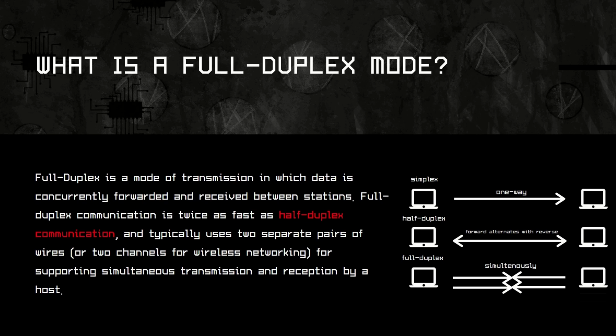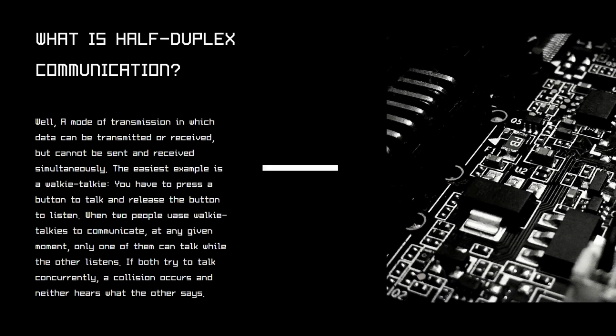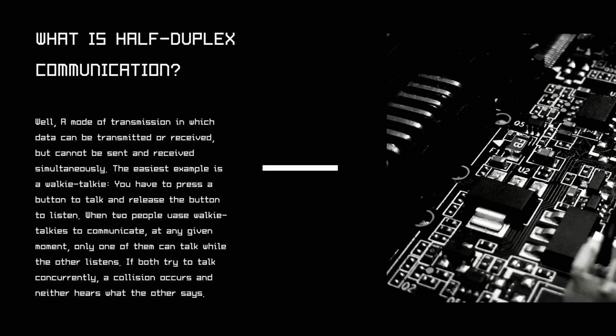Now let's see what half duplex communication is. It's a mode of transmission in which the data can be transmitted or received, but cannot be sent and received simultaneously. The easiest example is a walkie-talkie. We have to press a button to talk and release the button to listen.